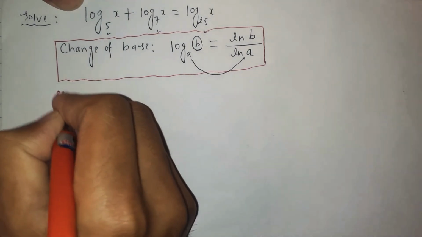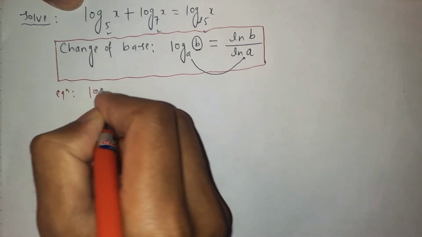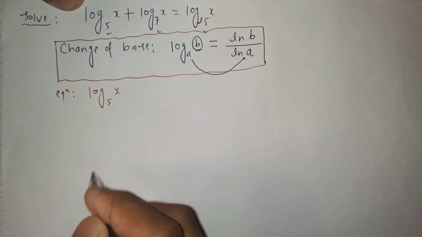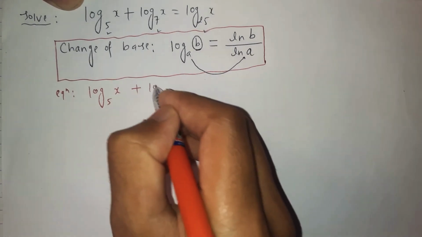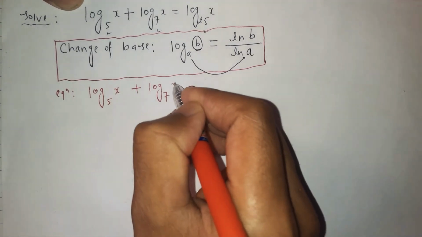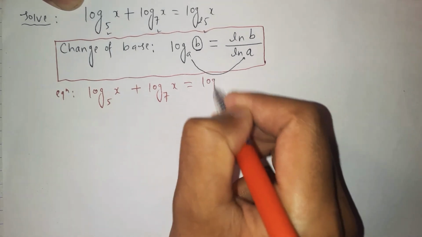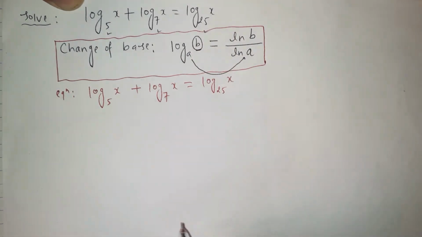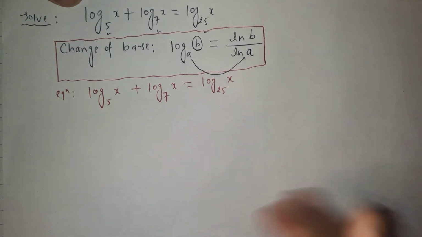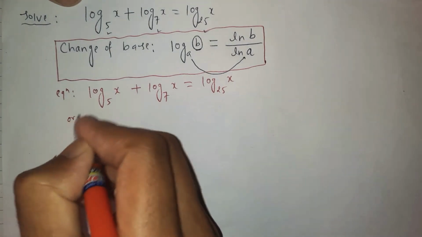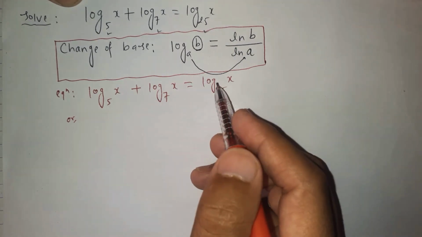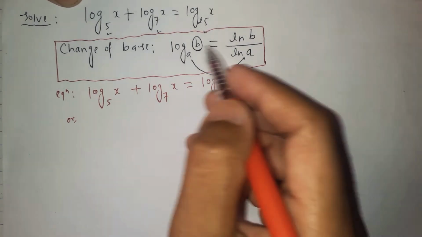Now applying this concept to change the base of the logarithms in our logarithmic equation. The given logarithmic equation is log with base 5 of x plus log with base 7 of the same number x is equal to log with base 25 of the number x. This is the given logarithmic equation. Now this can be further simplified into logarithms of the same base.